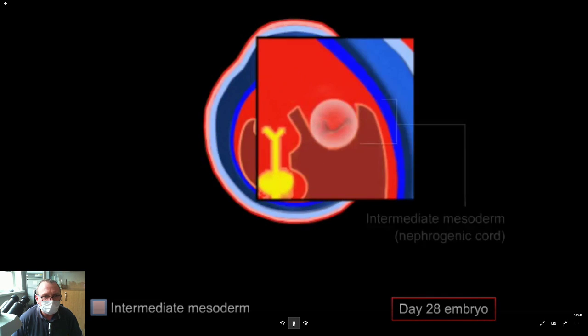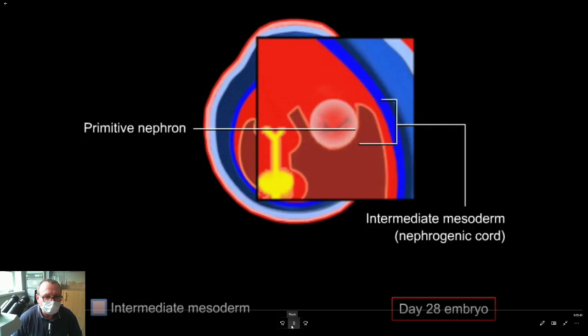Now we can look at the detail of this nephrogenic cord. Now it's better. We can see that something is situated inside, a structure which can be called a primitive nephron. The tissue of the intermediate mesoderm develops into epithelium.